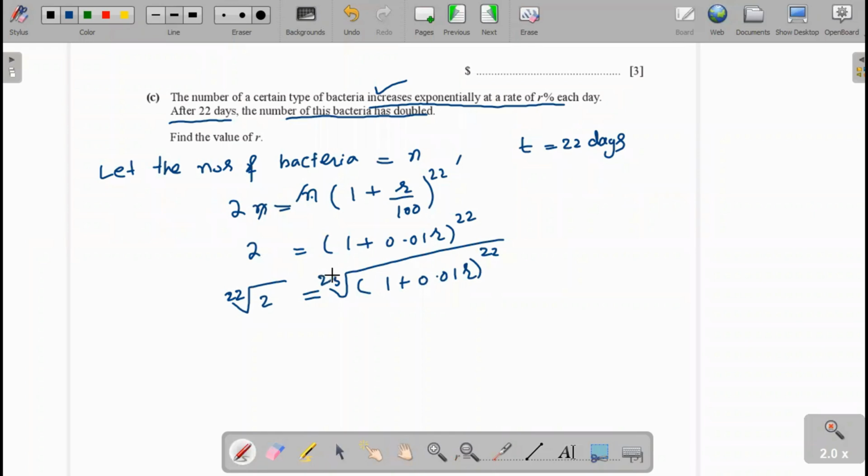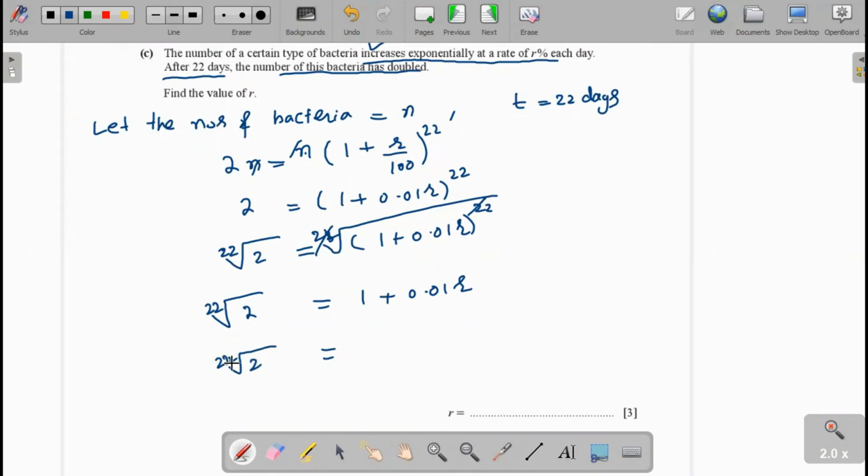The root of 22 and the power 22 cancel, and therefore that value becomes 1 plus 0.01 r equals the 22nd root of 2. So 0.01 r equals the 22nd root of 2 minus 1. The r will be equal to the 22nd root of 2 minus 1 over 0.01. We calculate it.